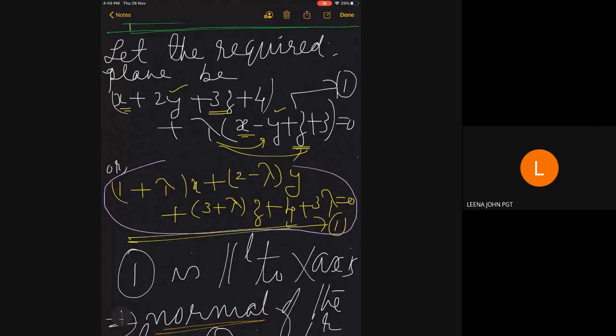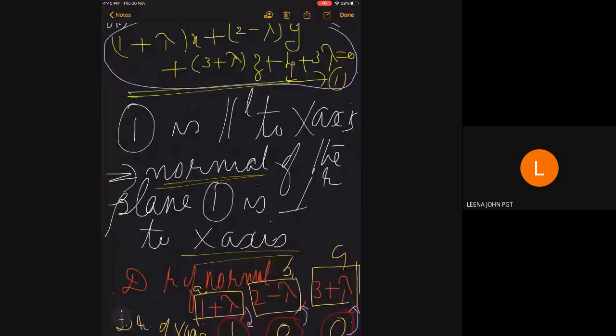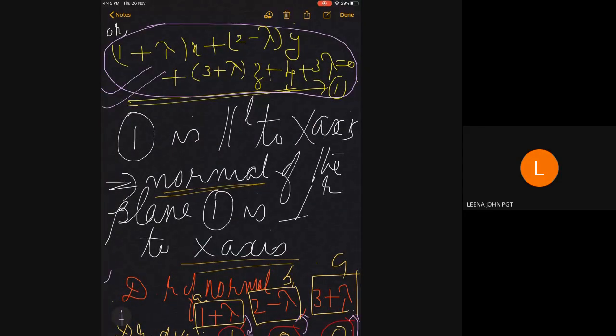This was the equation which I have assumed. Therefore, putting the value of lambda in this equation, you will get the required plane.